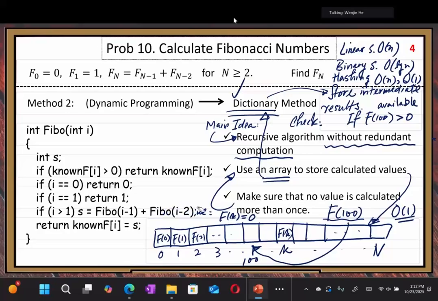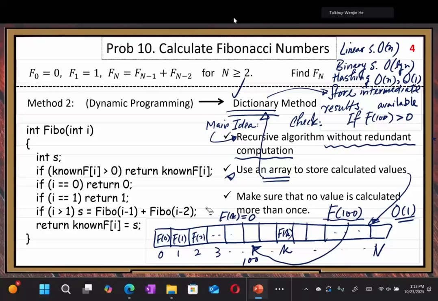Let me erase this a little. First, we need to check whether the Fibonacci number of I is available or not. This is the checking step, right? If known F of I, this is the dictionary lookup, the value we find in the dictionary.